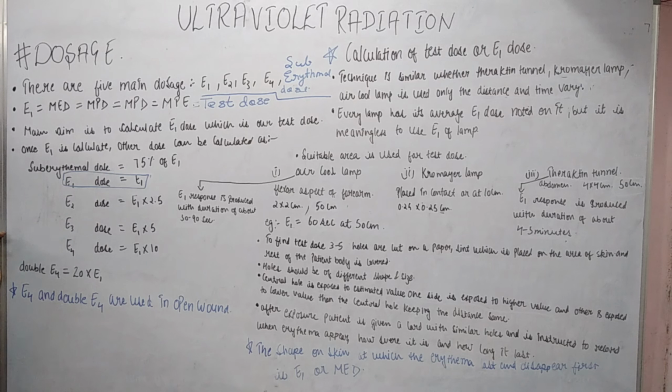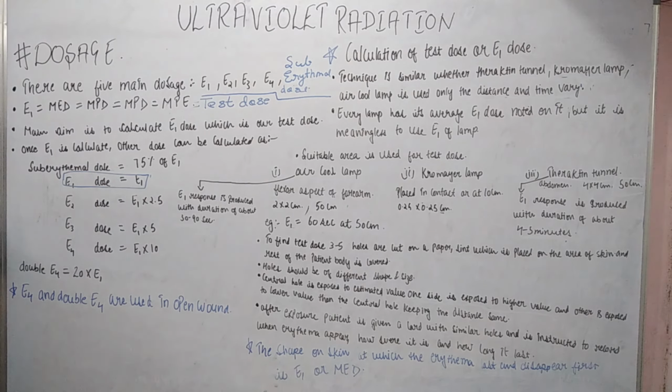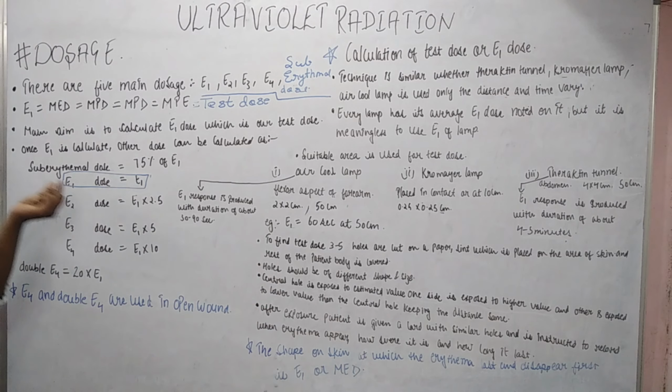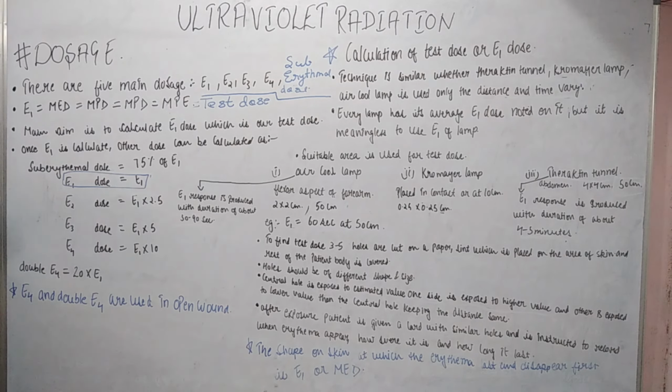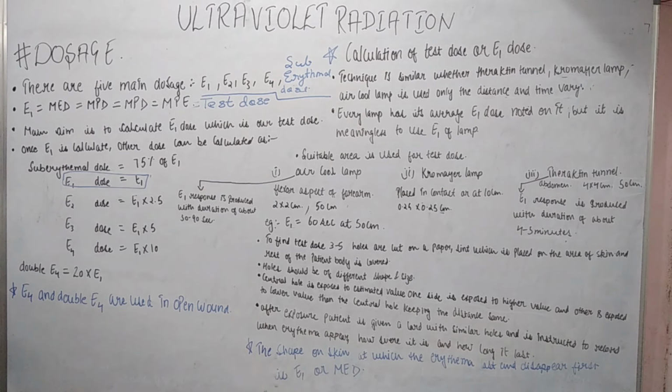Now let us suppose that we know E1, and see how you can calculate the other doses. Subarrhythmal dose is 75% of E1. Whatever our E1 is, we can find its 75%, and that becomes our subarrhythmal dose. If we multiply E1 by 2.5, it becomes E2. If we multiply it by 5, it becomes E3, and if we multiply it by 10, it becomes E4.